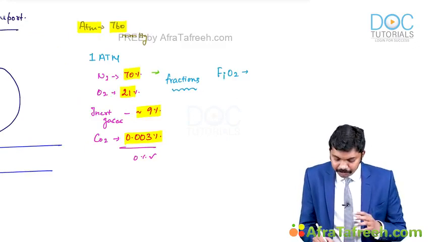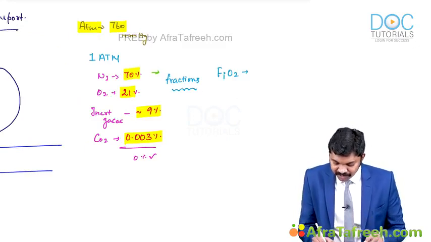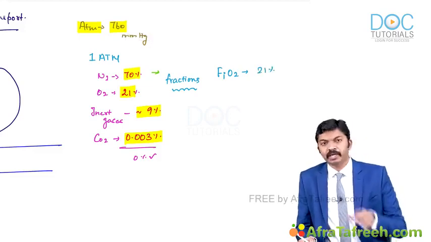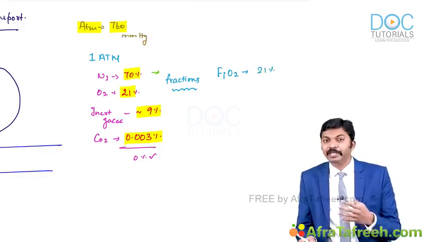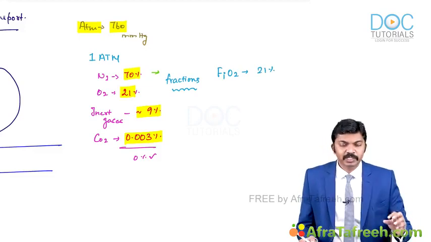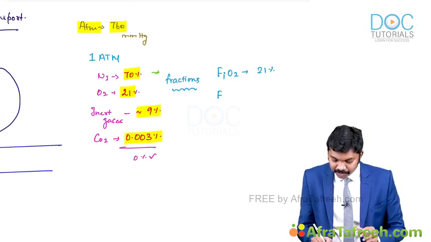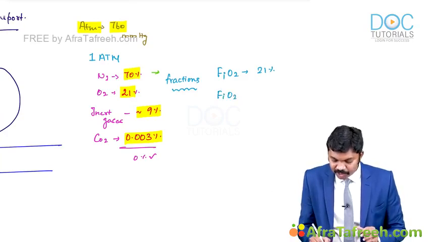So if your question paper uses the terminology fractional concentration of inspired oxygen, it means they are talking about 21%. Similar kinds of questions you will get in anesthesia, where if a patient is put on 100% supplemental oxygen, the fractional concentration of inspired oxygen will be 100%.